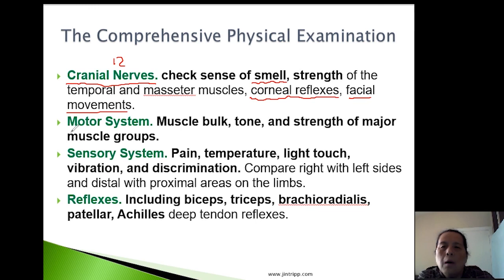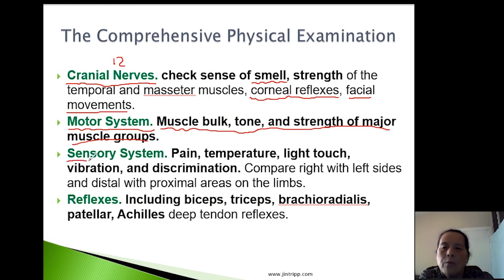So, motor function. The motor system still belongs to the nervous system. It mainly covers the movement of muscles, how strong they are and how they move. That's what we test.